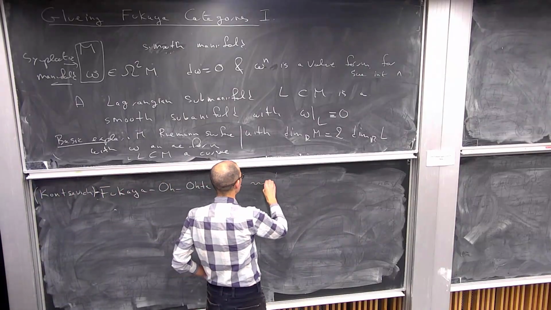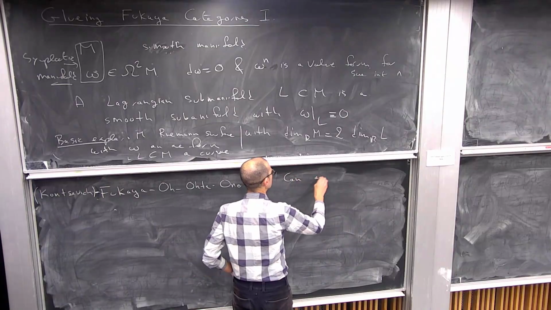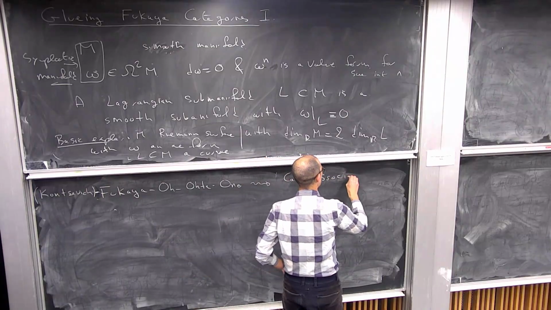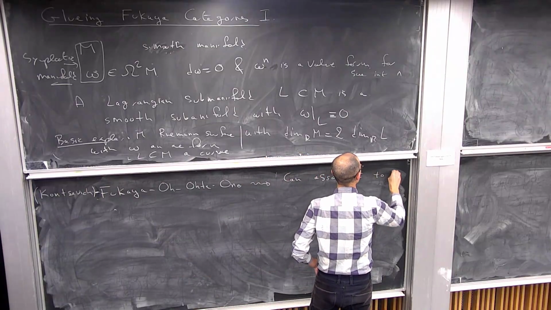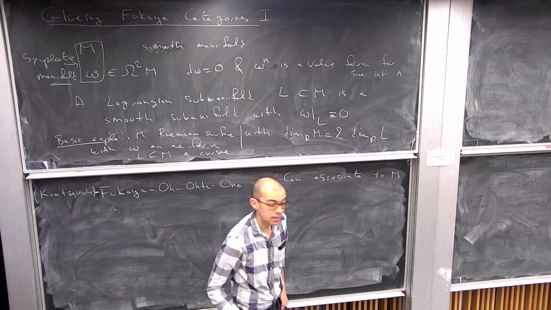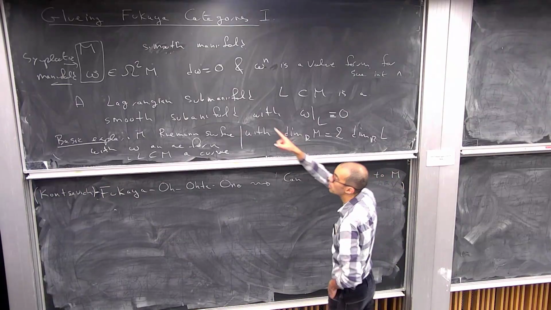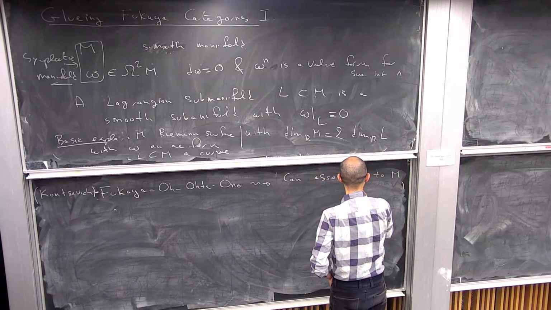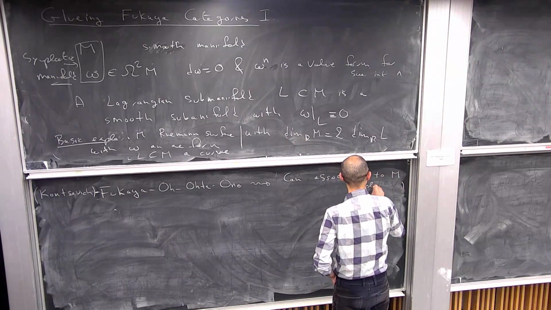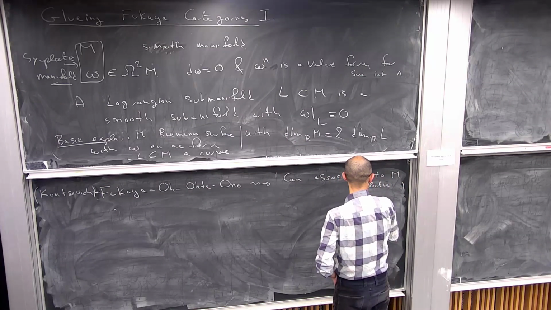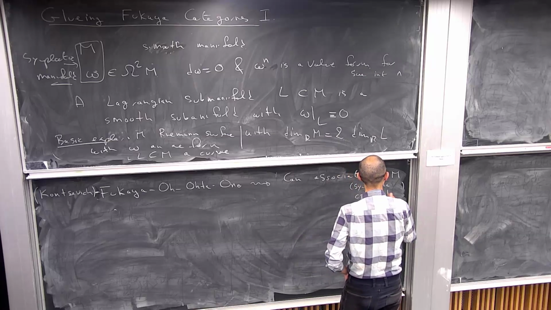So we can associate to M, well, if M is sufficiently nice, I'll come back to this in a second, but here I will just say closed. Closed symplectic, closed in the sense of differential topology, without boundary.